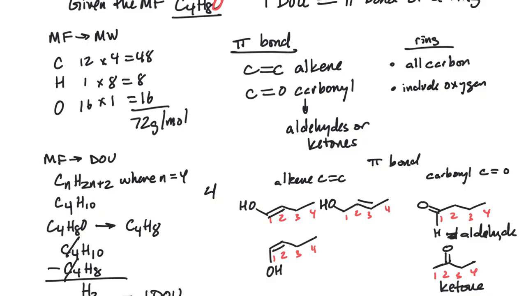But before we wrap up, let's do some drawing where the degree of unsaturation is now present in a ring, which means that the ring is going to have that degree of unsaturation, so we can't put any pi bonds in there. So just rings. So we had C4H8O, and now use rings.